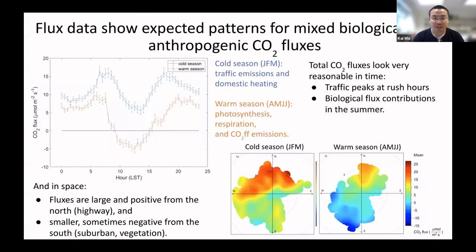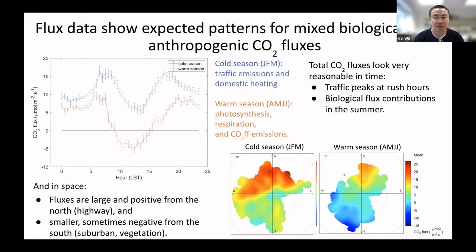Next slide, please. Yes, so here we check the temporal and spatial variations of these flux measurements. On your left hand, we can see the seasonally averaged diurnal variations of this flux measurement during the cold season and the warm season.